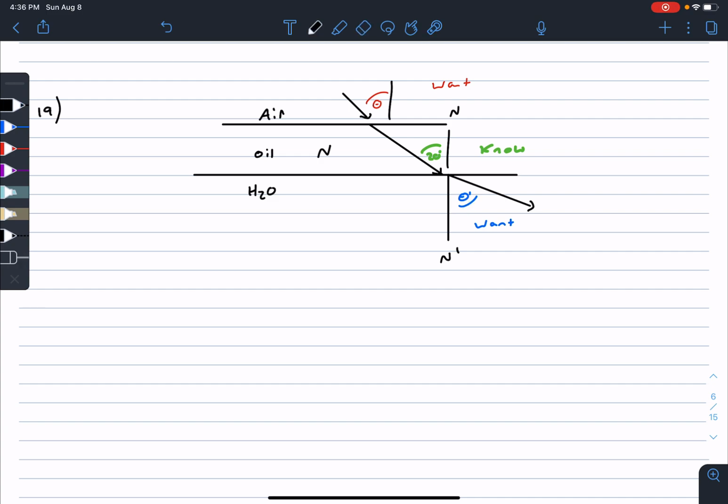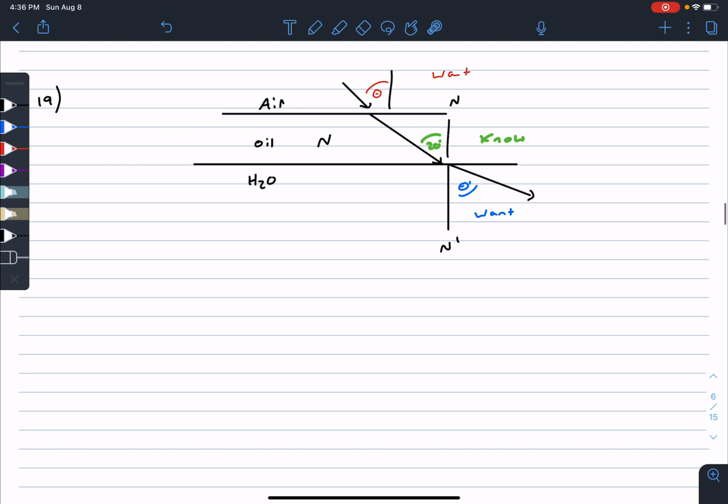So this is not too bad, but we're going to have to apply Snell's law a couple of different times. So what is Snell's deal? What's he saying? Snell says N1 sine theta 1 is equal to N2 sine theta 2. So we know the index of refraction for air is 1.